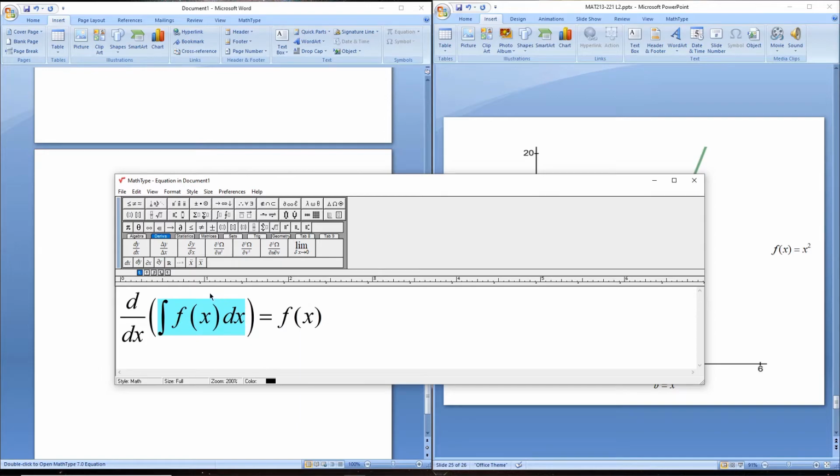And this integral gives us the antiderivative. So this expression here in blue, this answer is called the antiderivative.